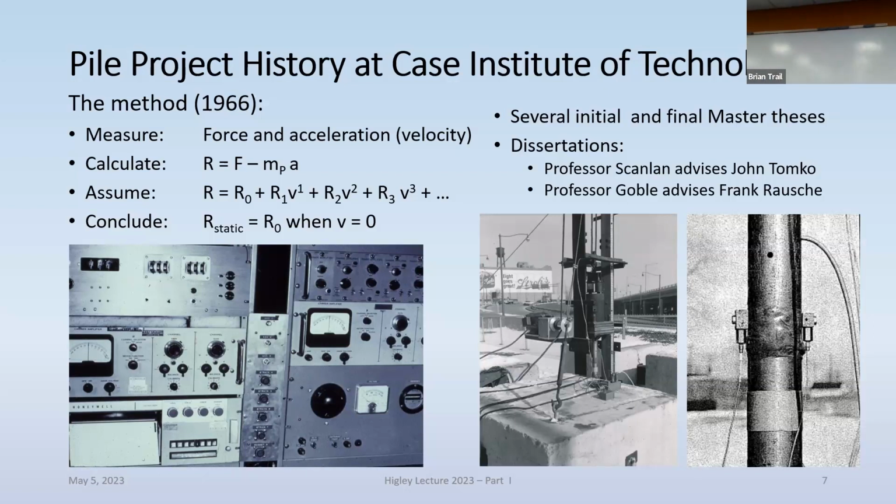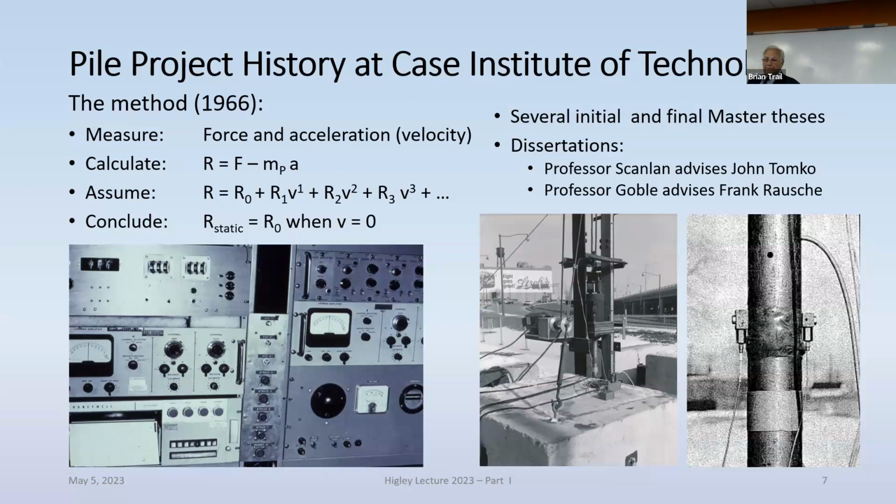That soil model was a power series in terms of velocity. The first term there was the R sub 0, a static value, really, and the remainder were all parameters multiplied by velocity and velocity squared and so forth. The idea was when the velocity is 0, then you get your static capacity, R0.